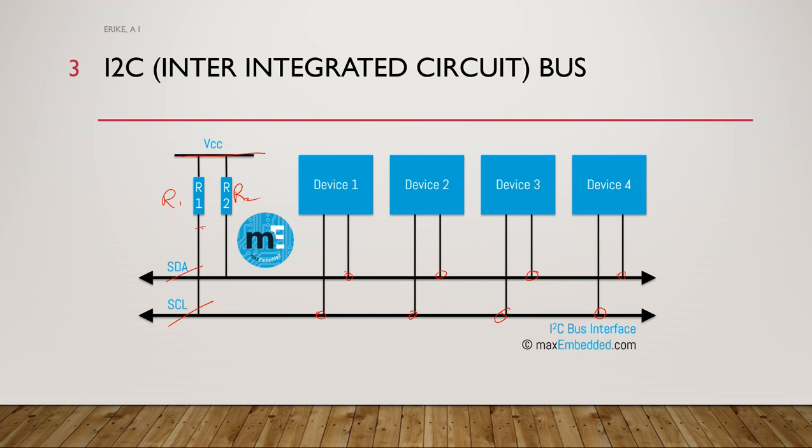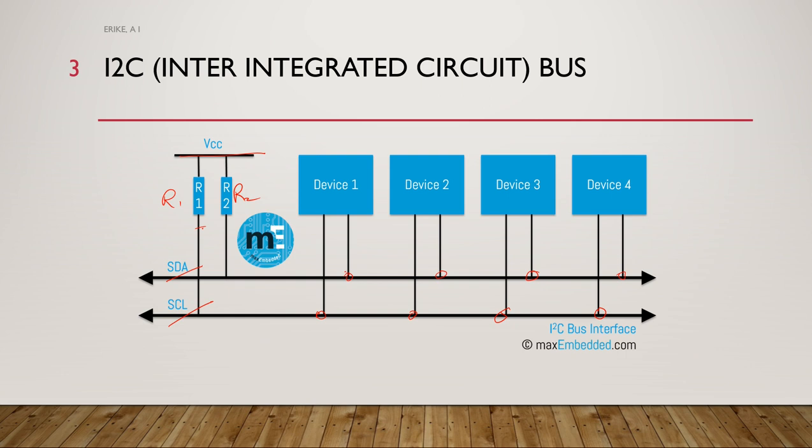The concept of the I2C bus was developed by Philips Semiconductor in the early 1980s, and the original intention of I2C was to provide an easy way of connection between the microprocessor or microcontroller system and the peripheral chips in television sets.